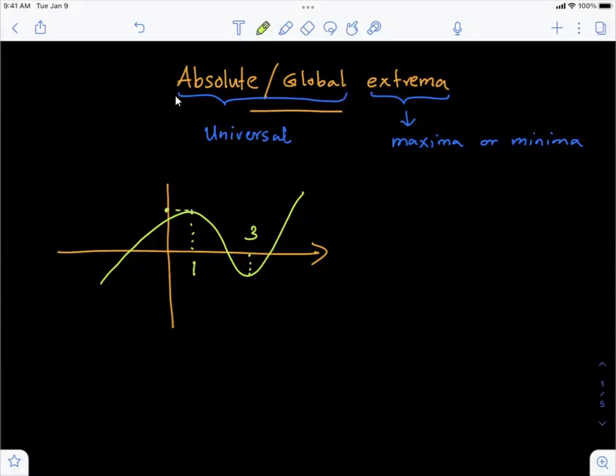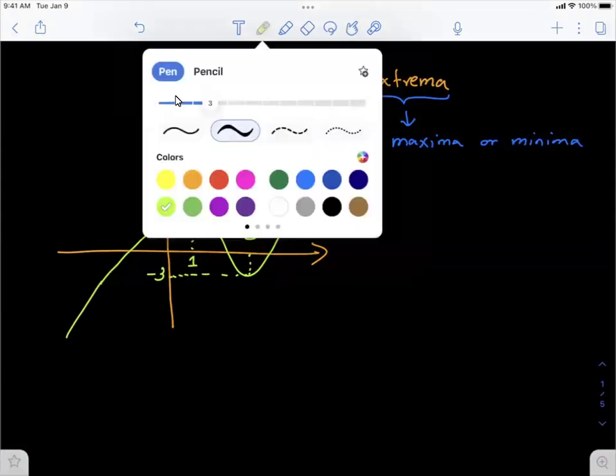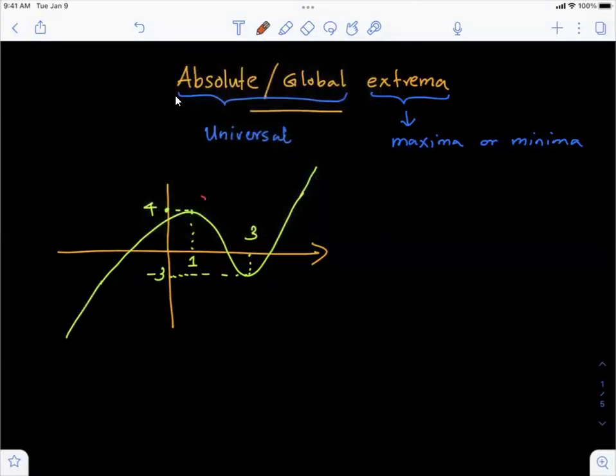Here, let's give a value for this one too. Let's call it 4 and let's call this one -3. You can clearly see there's an extension for this function. It doesn't stop.